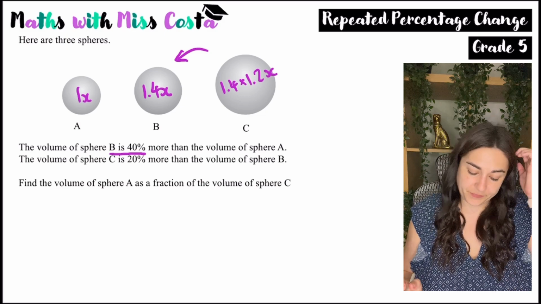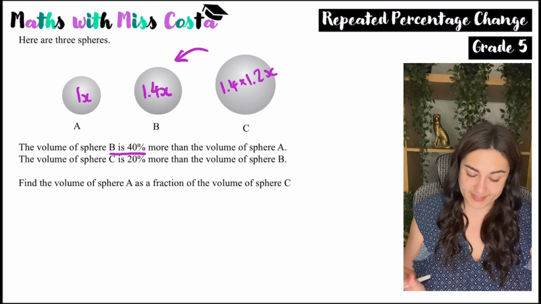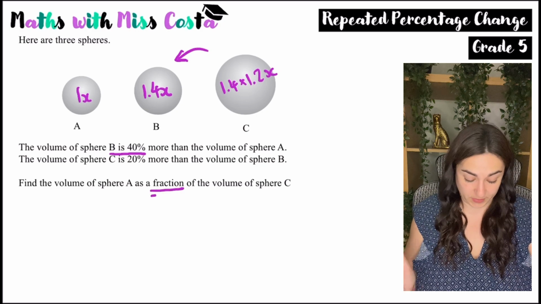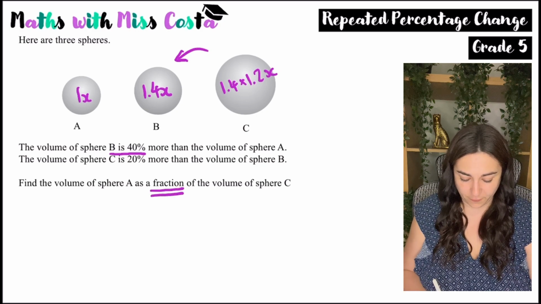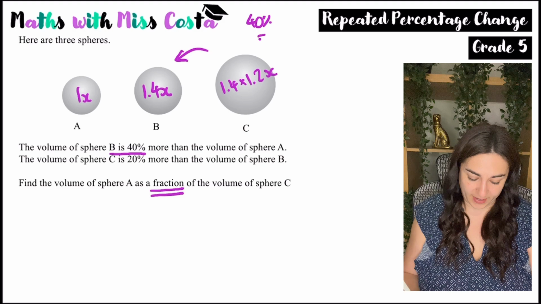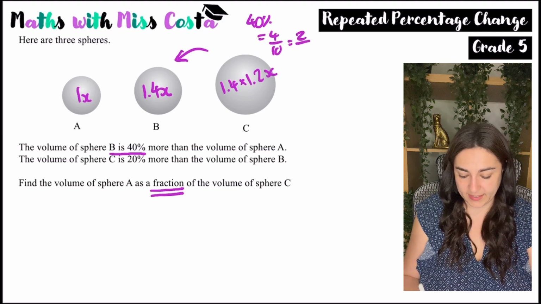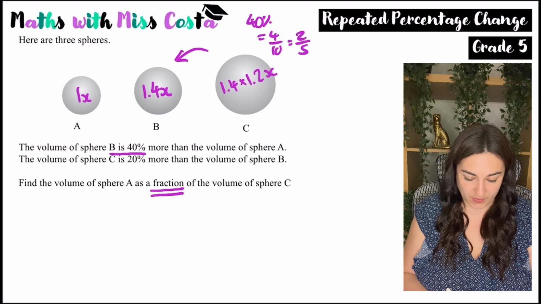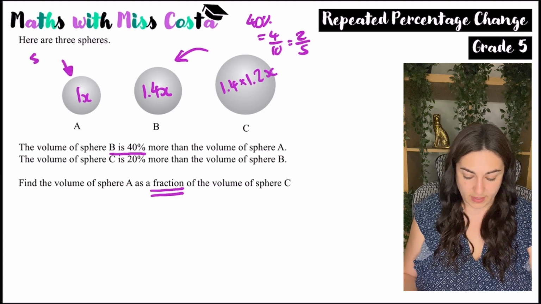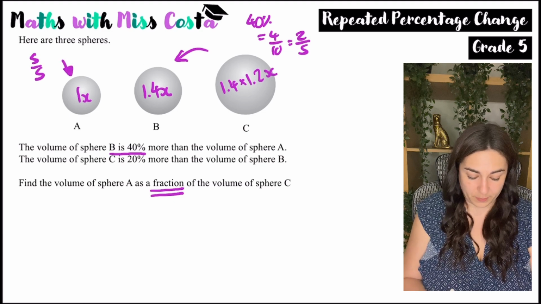Now, I could do this in decimals, but the question is asking for a fraction. So let's turn it into a fraction. I know that 40% is 4/10, which is 2/5. So if this is a whole, that would be 5/5.